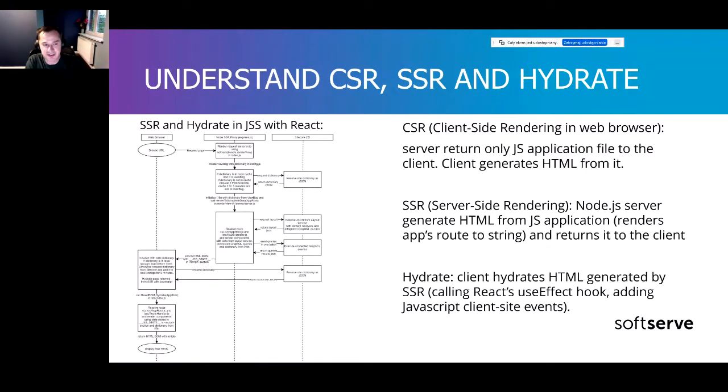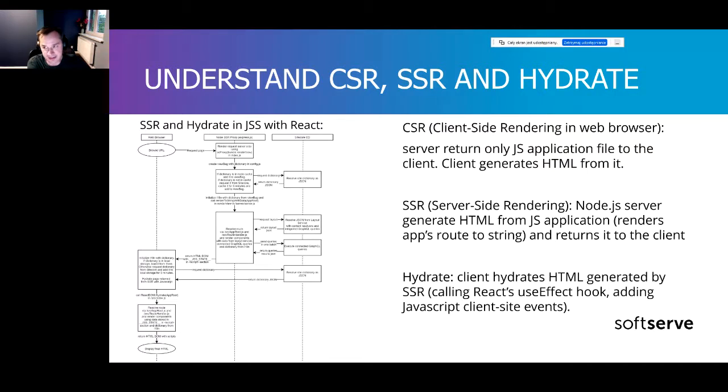Then the server calls the function from the JSS application bundle, which is called renderToStringWithData. This renderToStringWithData basically resolves the current route, so the current address from the browser, and at this step you can add the caching of your dictionaries.